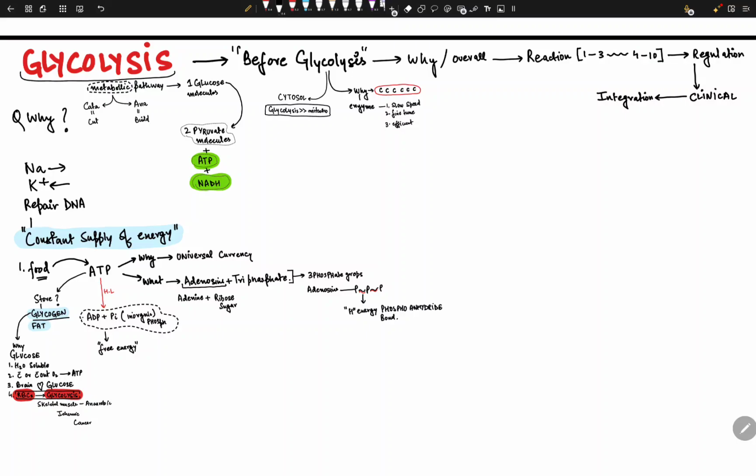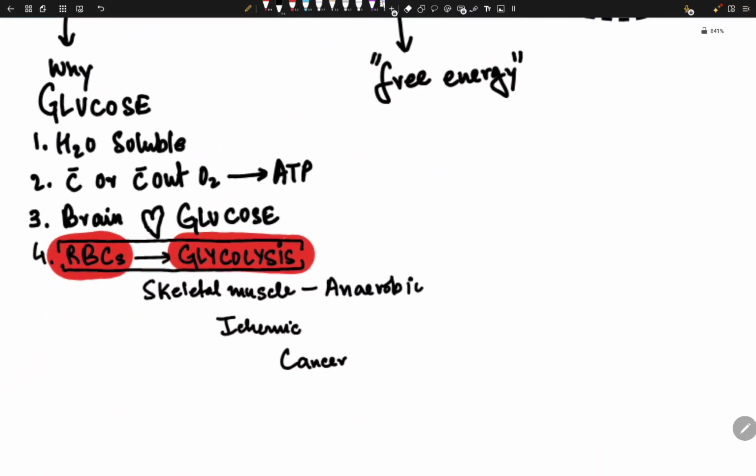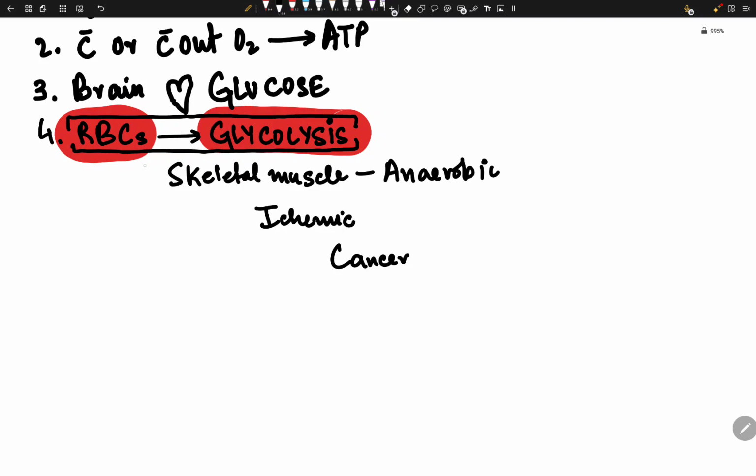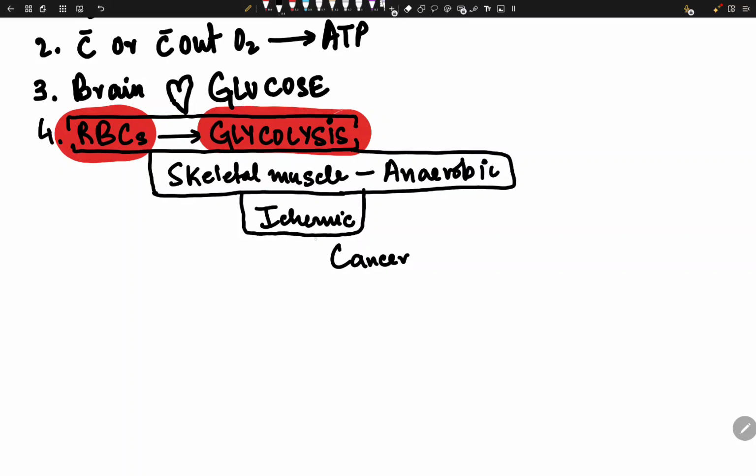Imagine what's going to happen if somehow your glycolysis fails in RBCs. We're going to have lysis of these RBCs. What is lysis? Just cell death. If we have cell death of these RBCs, we're going to have hemolysis, simple term.